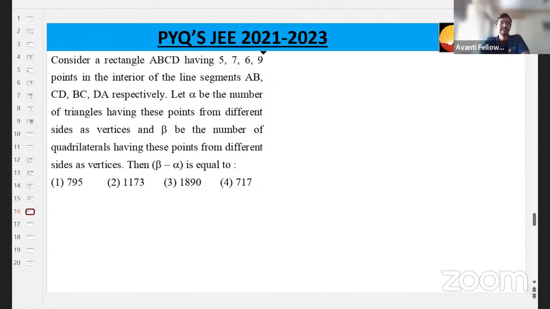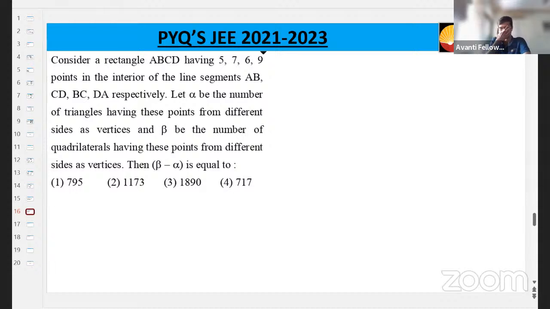Consider rectangle ABCD having 5, 6, 5, 7, 6, and 9 points in the interior of the line segments AB, CD, BC, and DA respectively. Okay.